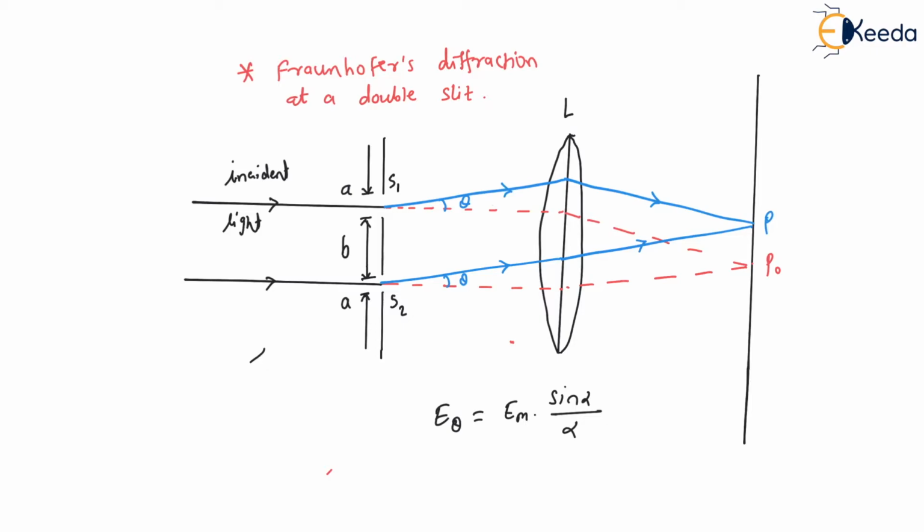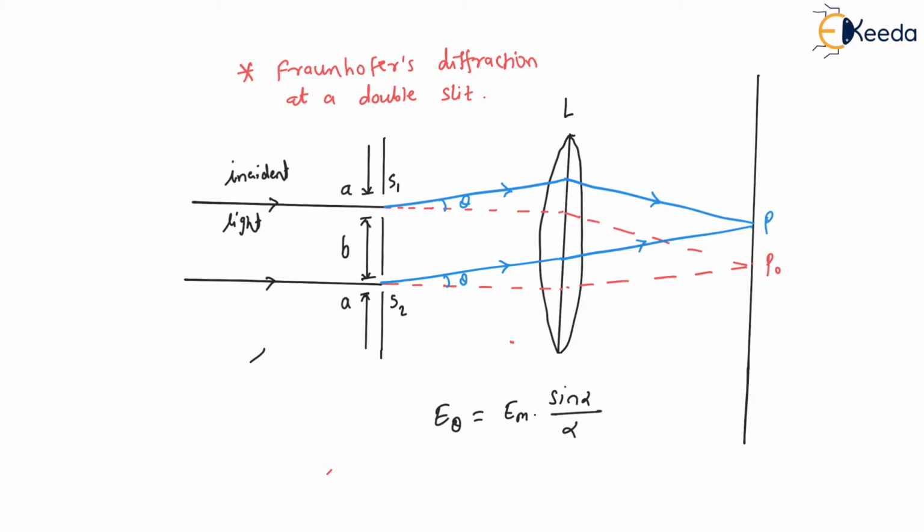So in the case of a double slit, whatever pattern we are getting on the screen is the resultant of interference due to S1 and S2, and diffraction due to the individual slits S1 and S2. That's why the nature of the pattern on the screen will be different from the single slit.